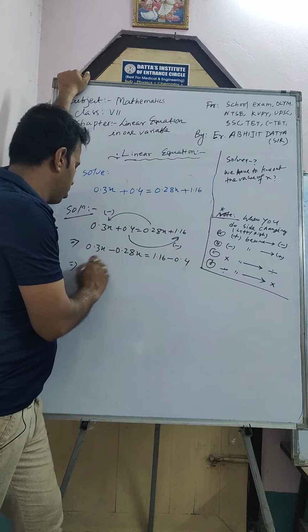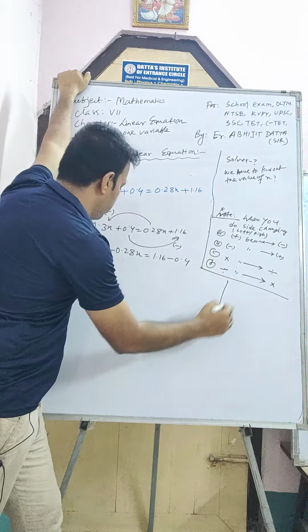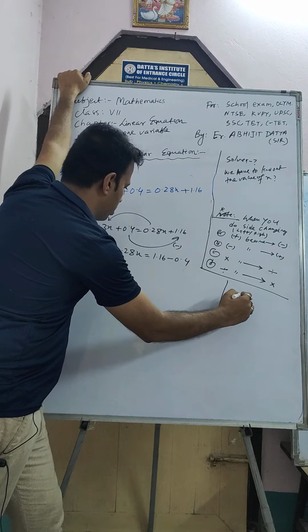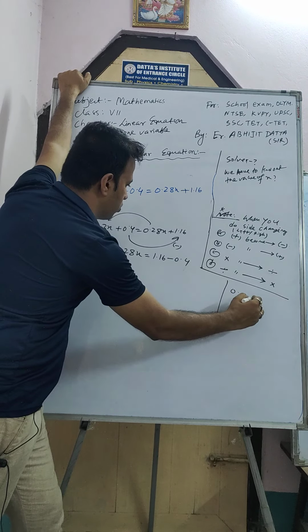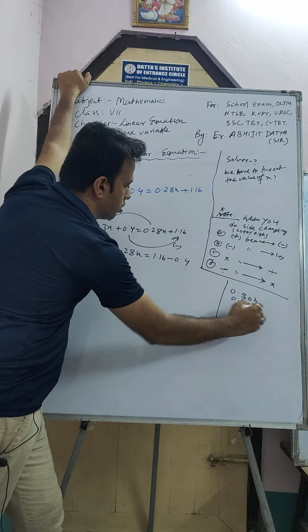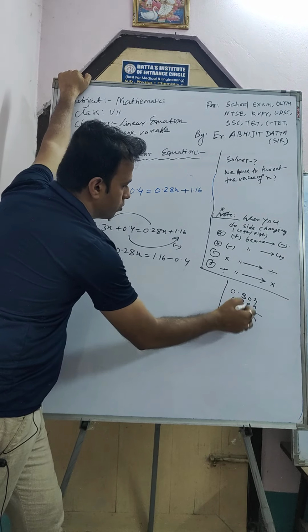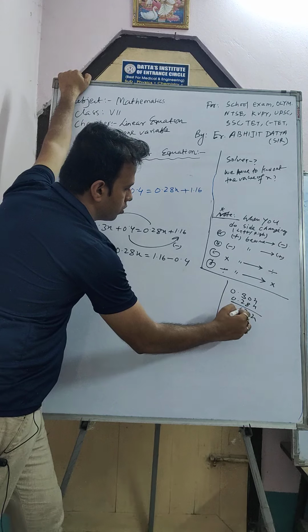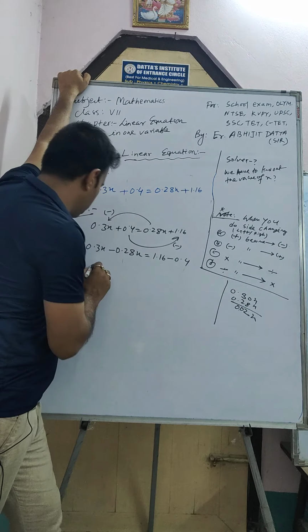So if I subtract this by this, what will it become? 0.30x minus 0.28x, x remains the same. It will be 2 and it will be 0, so 0.02x.